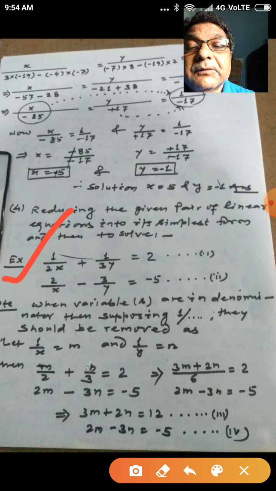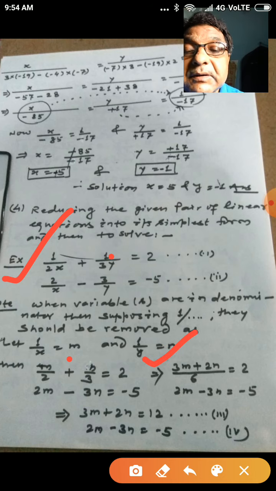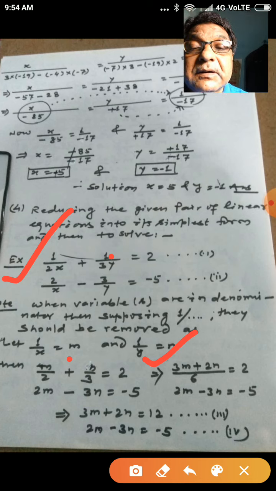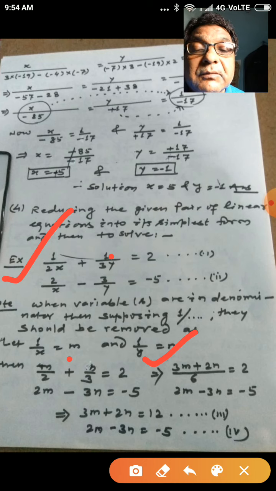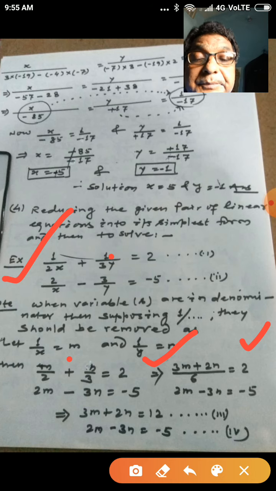How? We will suppose 1 by x equal to m and 1 by y equal to n. Then our equation will become m/2 plus n/3 equal to 2, and the other equation is 2m minus 3n equal to minus 5. Further, I have simplified these equations, taking LCM in the first equation and making cross multiplication.